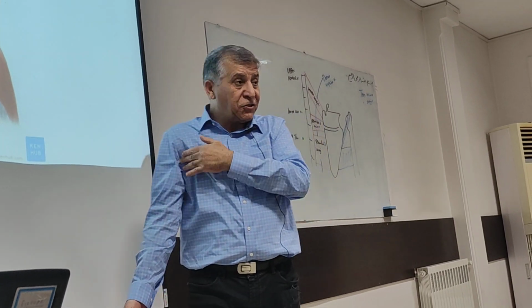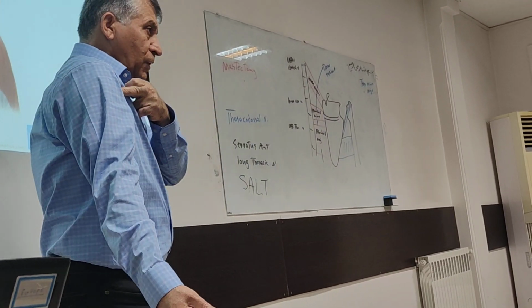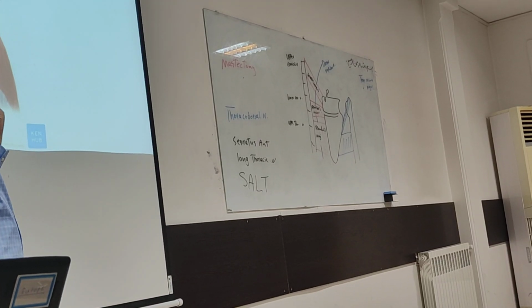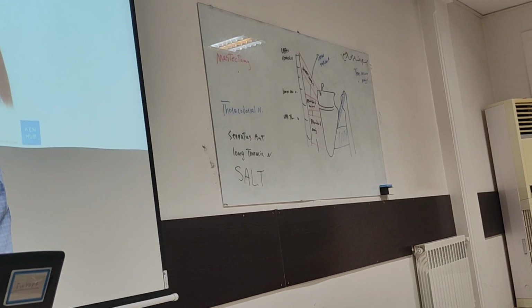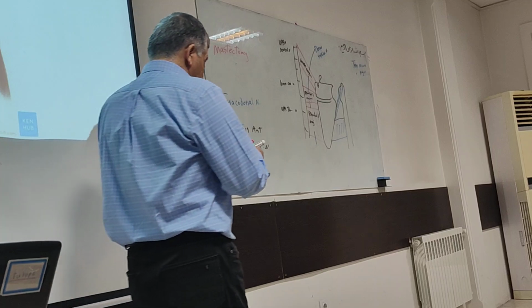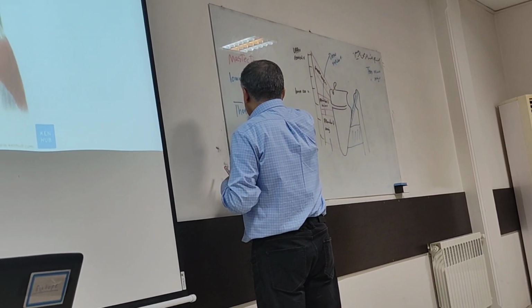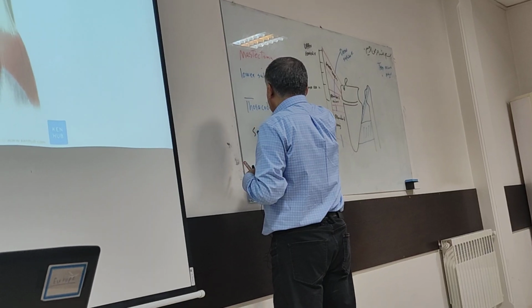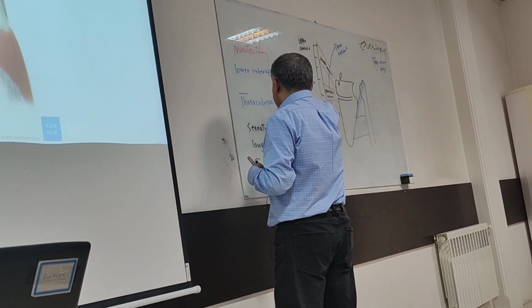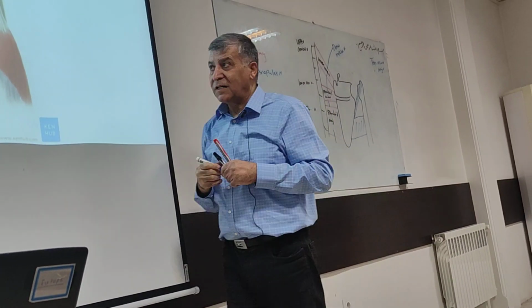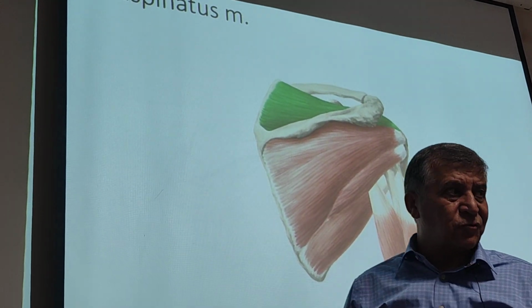Latissimus dorsi attaches to the floor of the groove. This one attaches to the medial border. This one is innervated by the lower subscapular nerve. And the function is like latissimus dorsi.